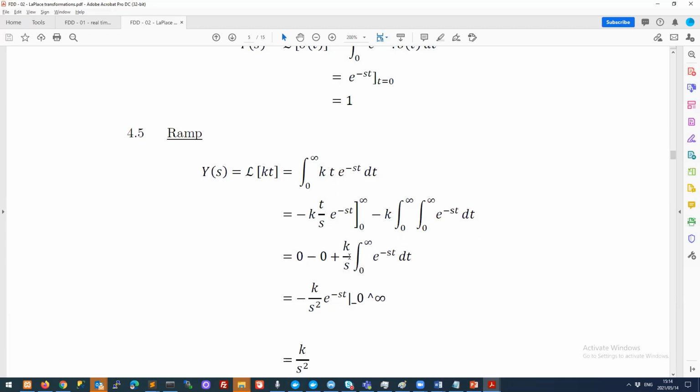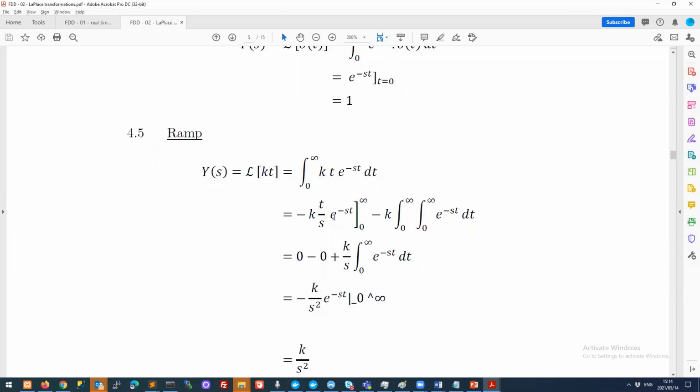Please correct in the notes. Oh, I see. I haven't integrated here yet. I've just written it as the integral of this. So we haven't integrated this as yet. Now when we integrate that, it's 1/s here.